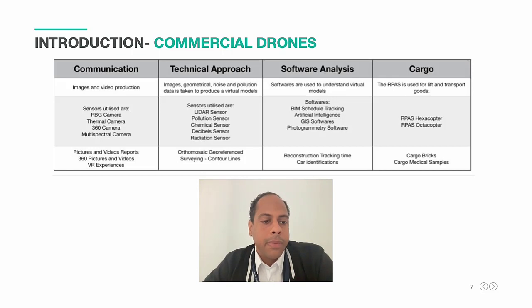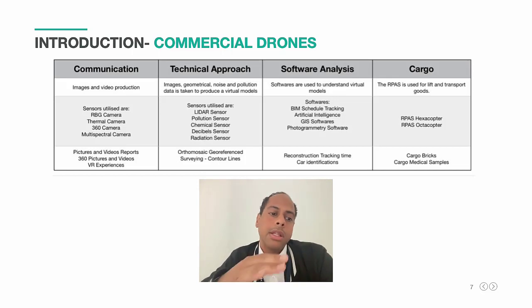So as we see below, we can identify some of the applications that are going to be very useful at the end: pictures and images for reports, 360 pictures and videos, and VR experiences.